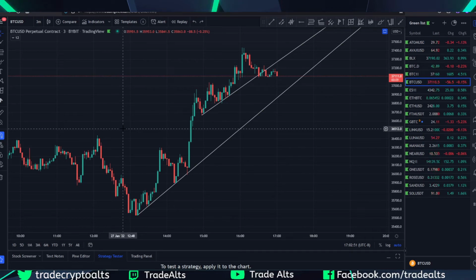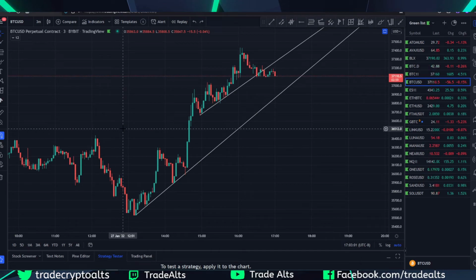But again, I think I've shown here how powerful trend lines in general can be, and no matter what some traders might say, I think they're definitely worth understanding at least. Maybe you don't need to use this every day in your analysis. Maybe it isn't part of your top three tools that you use in your technical analysis, and that's okay.